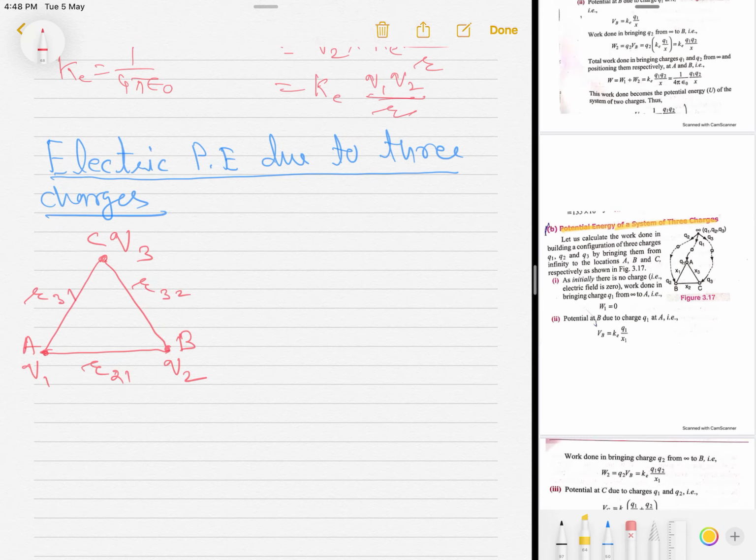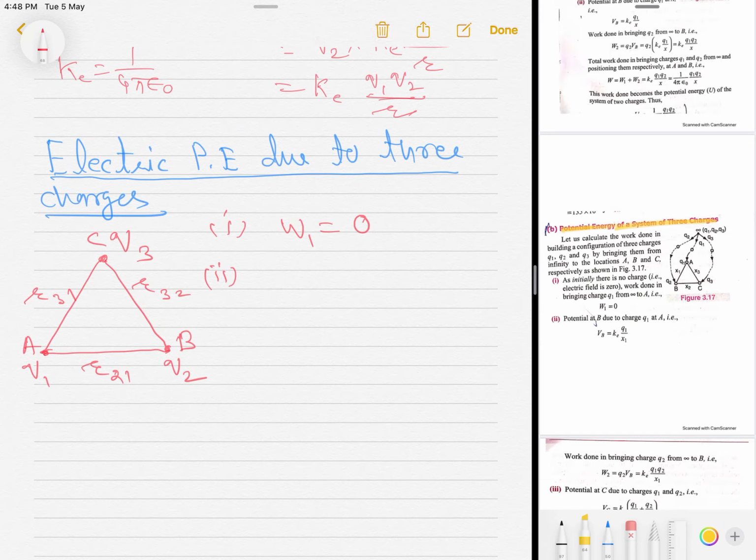To bring the q1 charge, first we will bring q1 initially. There is no other charge, so there is no electric field. So, work done is 0. Now, q1 is at A. Now, we want to bring the q2 charge from infinity to point B, which is at distance R21 from q1.